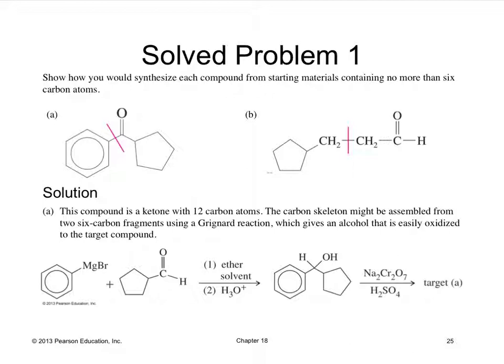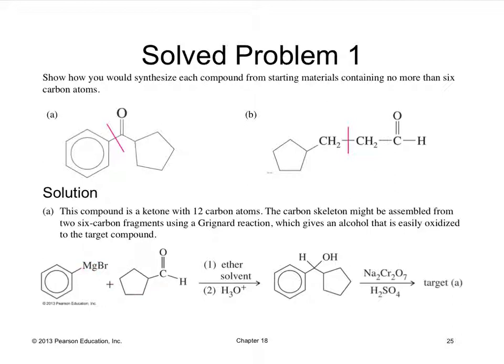How would you synthesize each compound from starting materials containing no more than 6 carbon atoms? Here's A and here's B. For A, you can use the phenyl Grignard reagent and your aldehyde.